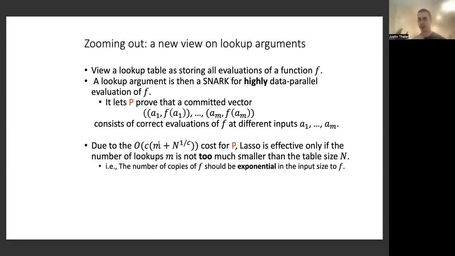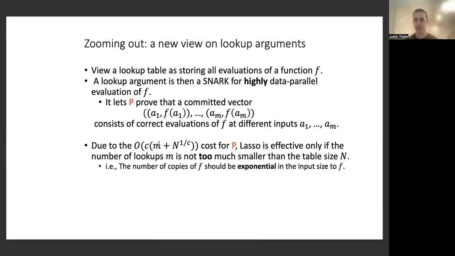But for that N to the 1/C cost in Lasso to not be ridiculous, you really need the number of evaluations to be weakly exponential in the size of the input to F. So 2 to the size of that input, that's N, and you need that to the 1/C, where C is like 6 or 3 or what have you, to be a reasonable cost for the prover to pay.